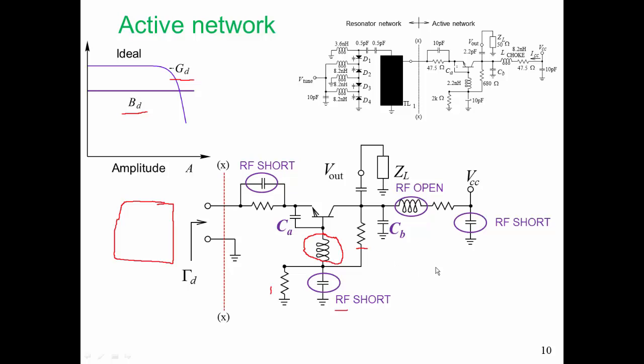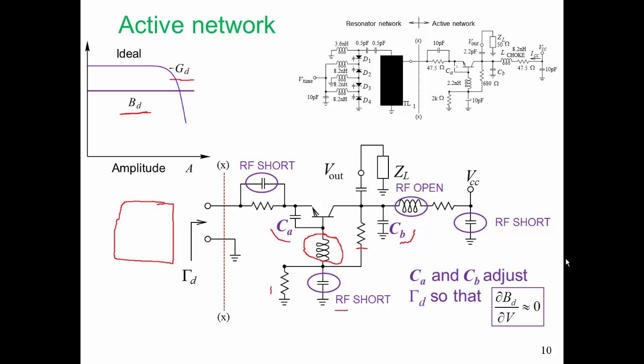But one of the big departures from the common base Colpitts configuration, that is the conventional configuration, is the addition of these two capacitors, CA and CB. And in fact, in this design, this is the unique feature. CA and CB can be adjusted so that the derivative of BD with respect to voltage is approximately zero.